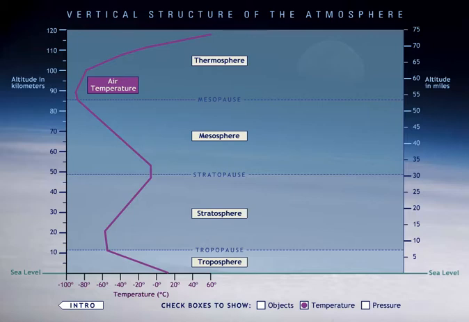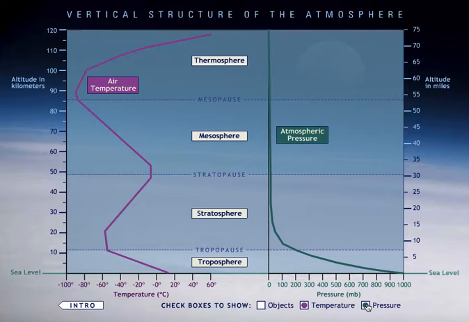Okay? Now the other thing that I'm going to show you is the trend for the air pressure. Now this one in green is not very surprising. Basically this says that the farther you go up, this green line, the farther you go up above ground, the lower the air pressure is, and it drops off very quickly.